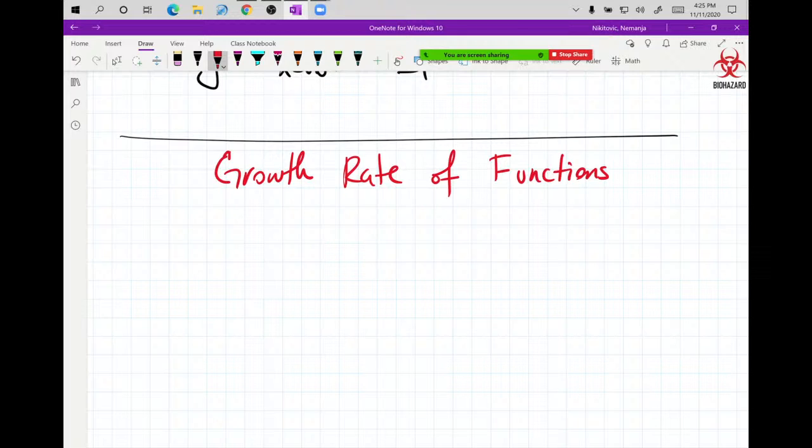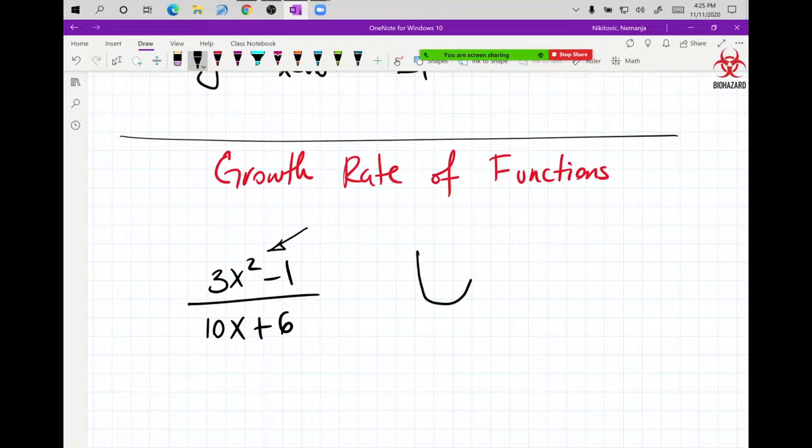Now, what does it mean for a function in the numerator to have a bigger exponent than the function in the denominator? So if you have, let's say, 3x squared minus 1 divided by 10x plus 6, well, the growth over here is the x squared growth. And the growth on the bottom one is a linear growth. You see that this one is growing much faster than this one.